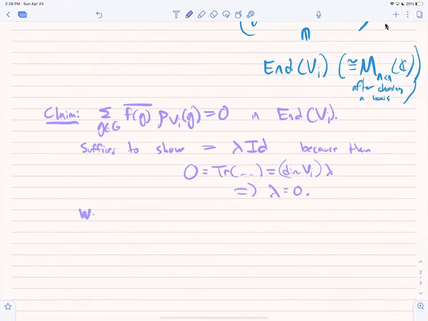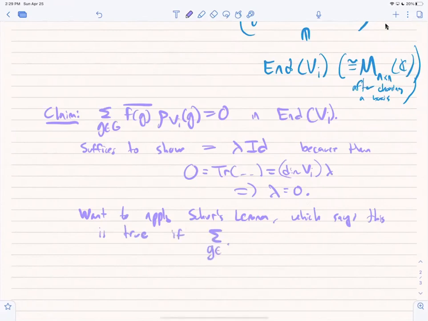So I want to apply Schur's lemma, which says this is true if this linear transformation is contained in the G-invariant endomorphisms of Vi, because Vi is irreducible.